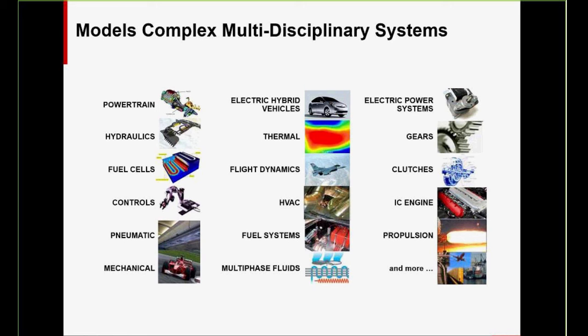And the models can be multidisciplinary. For instance, you can have a model that has both electrical systems components and hydraulics library components, and interconnect the two different disciplines in a physically meaningful way.